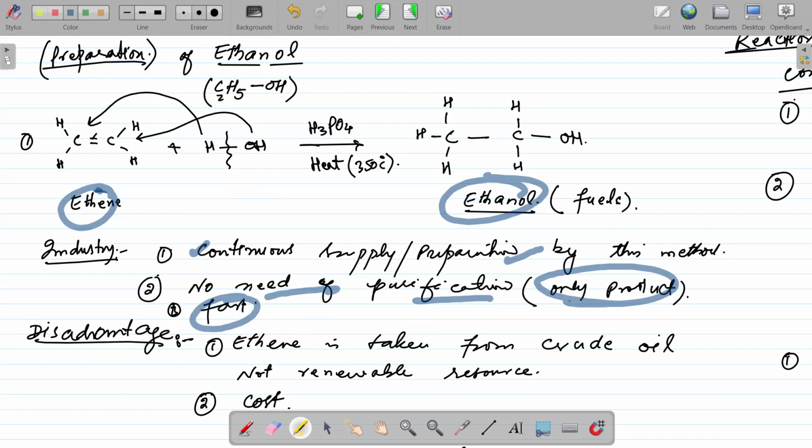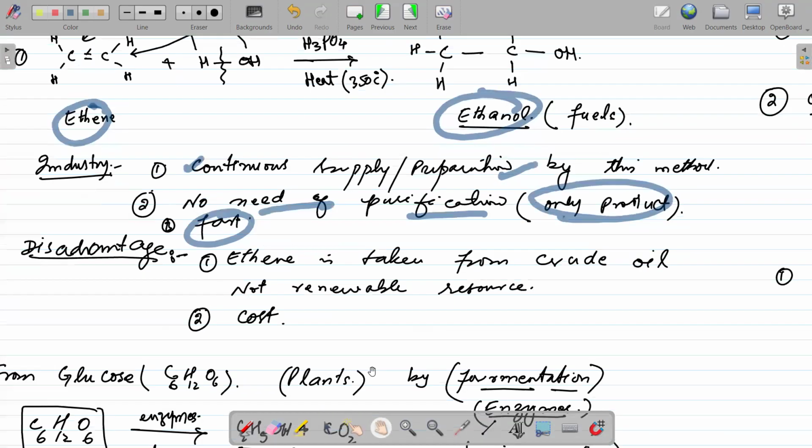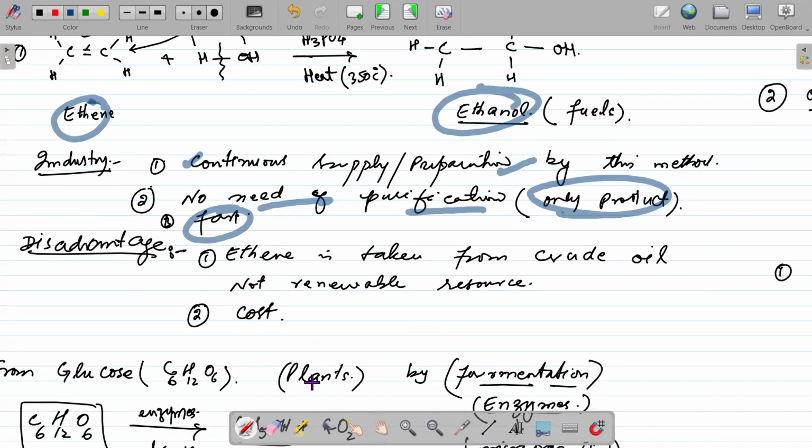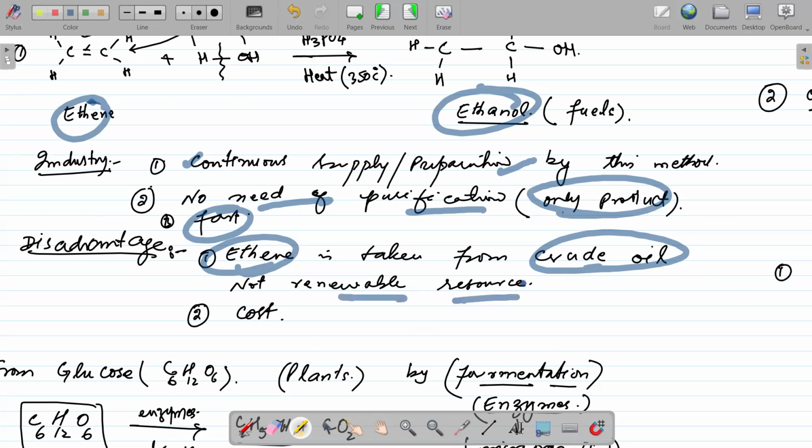Is it clear? It also has some disadvantages. What are those disadvantages? Ethene is our raw material. From where do we get this ethene? We get ethene from crude oil, as we saw in the cracking of alkanes, ethene can be produced. Crude oil is a non-renewable resource.